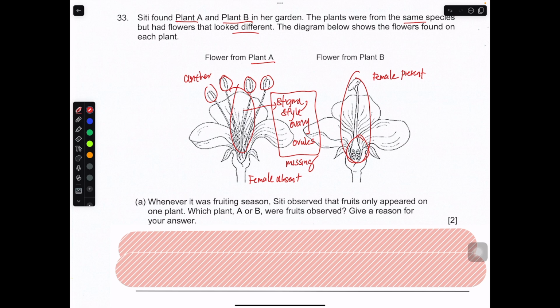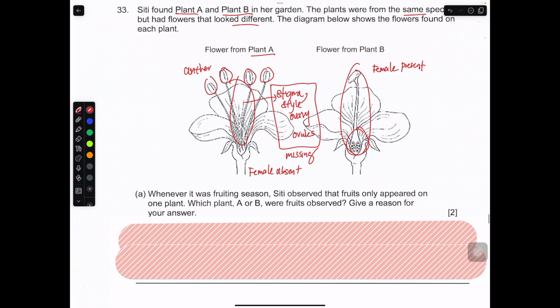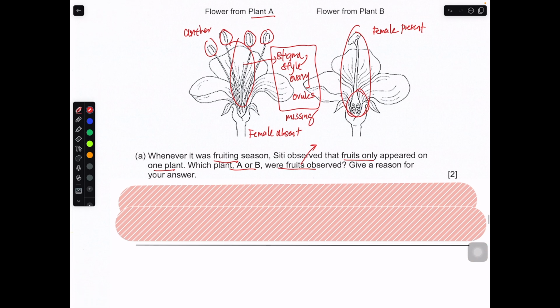Okay, so you take a look at this question. Whenever it's a fruiting season, they observe that fruit only appears from one of the plants. Which plant, A or B, will fruits be observed? Okay, so if you want to know which plant will have fruits, first you must find the flowers with female parts present.